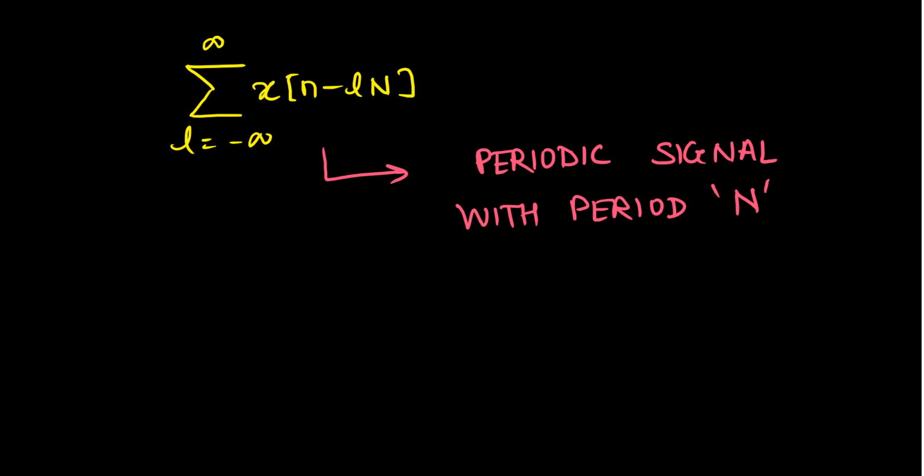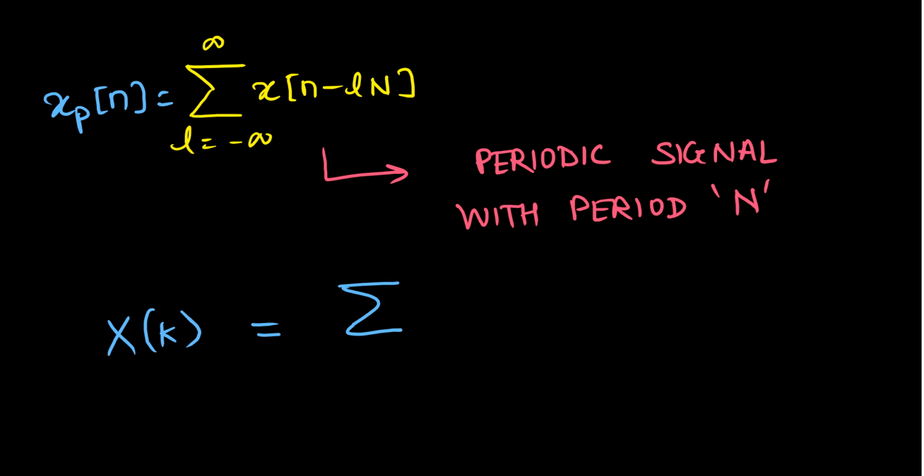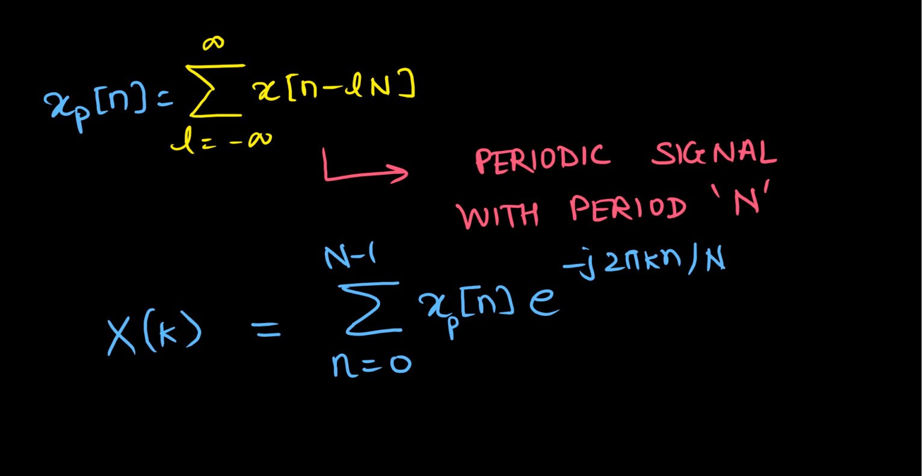So we can represent it as xp of n, and therefore this x of k can be written as summation n running from 0 to n minus 1 xp of n into e to the power minus j 2 pi kn by n.